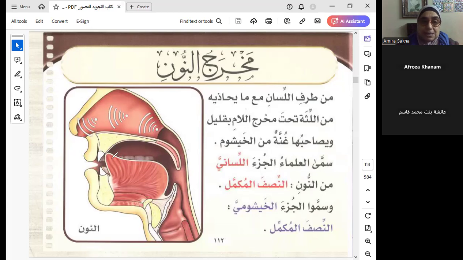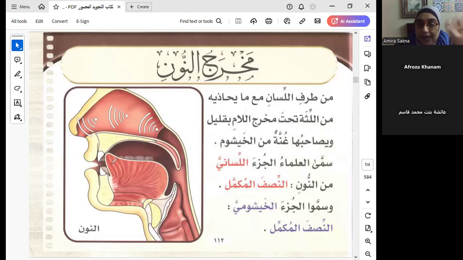So it's voiced, majhur. Regarding being a full mouth or heavy letter, harfun mufakham, or the opposite, it's the opposite. It's an empty mouth letter, harfun muraqqaq. It's a light letter.